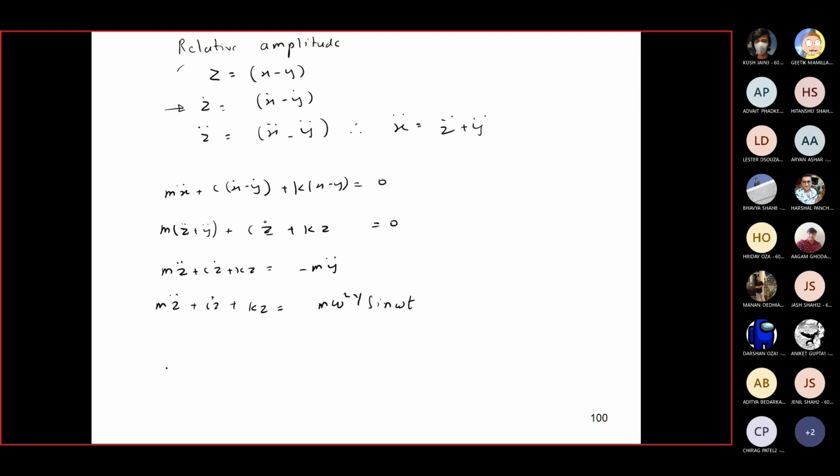Which is similar to our m x double dot plus c x dot plus k x is equal to F0 sine omega t. Right? So where our F0 in this case is this term. Right? This is F0. Right?